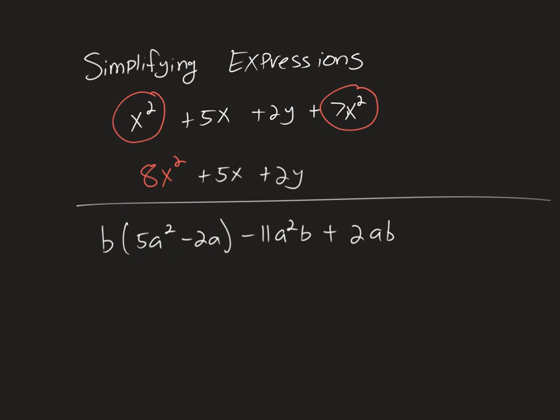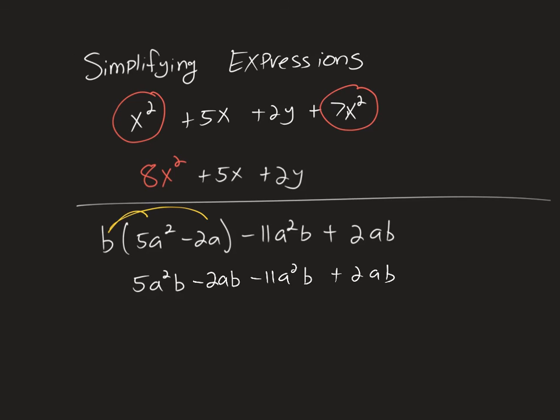So the first thing I'm going to do is I'm going to distribute that b to both of them, and we'll get 5a squared b, because there's 5a squares and then times b, and then negative 2a times b. And I'll copy everything else down.